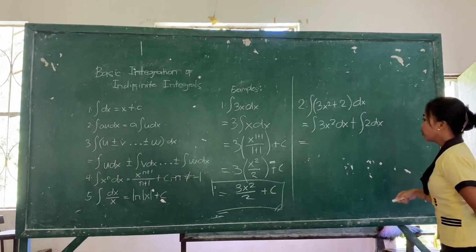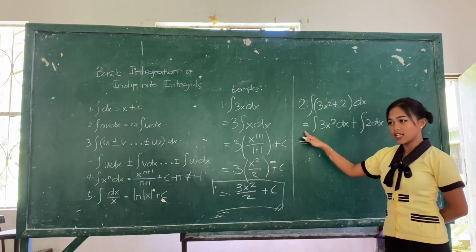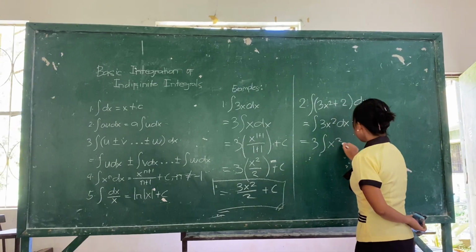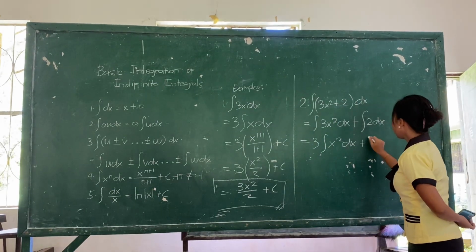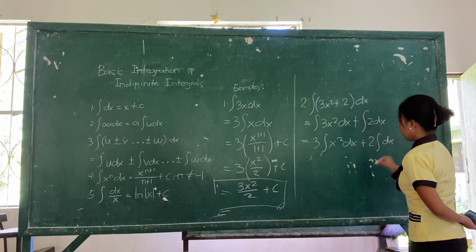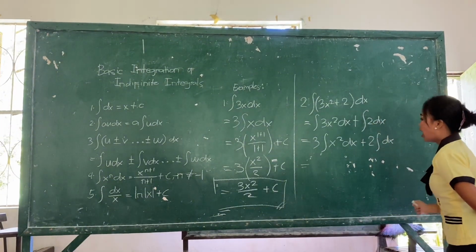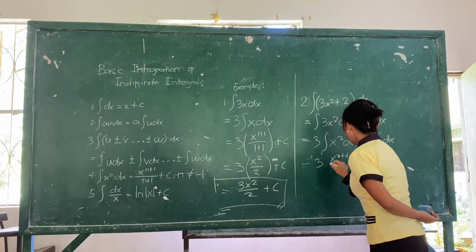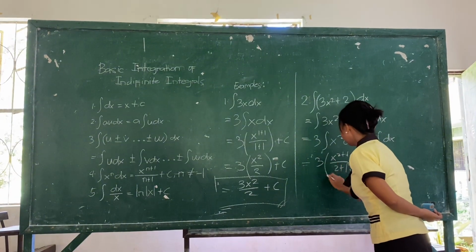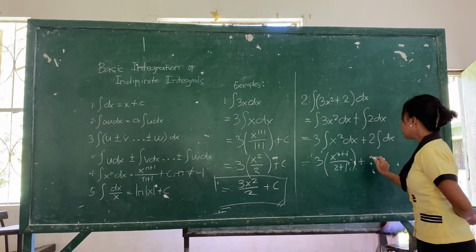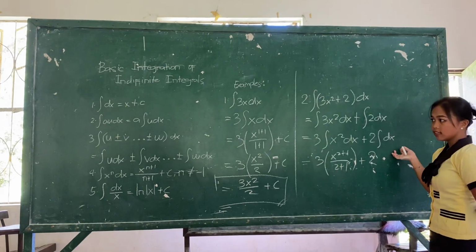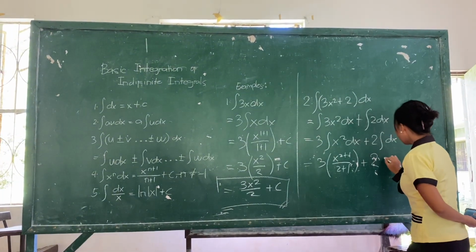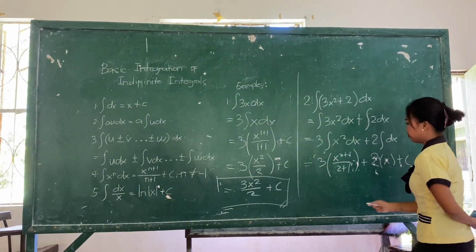Next, we will put the constant outside the integral. 3 integral of x squared dx plus 2 integral of dx. Next, apply power rule. 3 times x^(2+1) over 2+1 plus 2, since integral of dx is equal to x plus c, so 2 times x plus c.